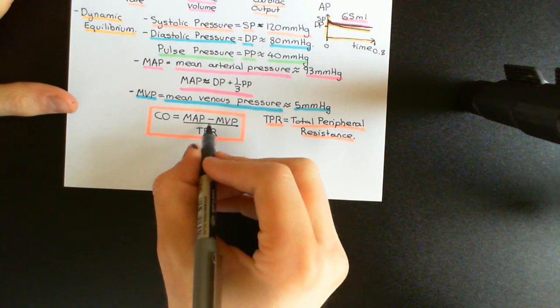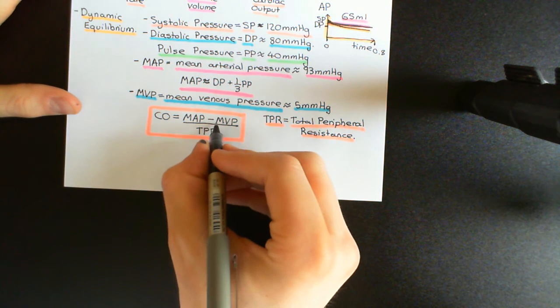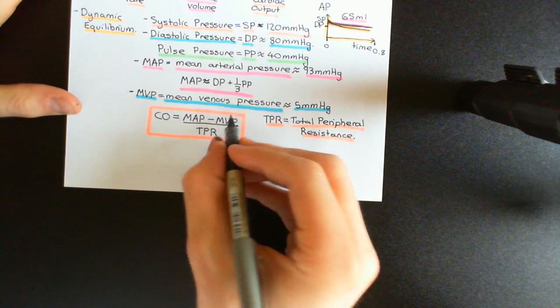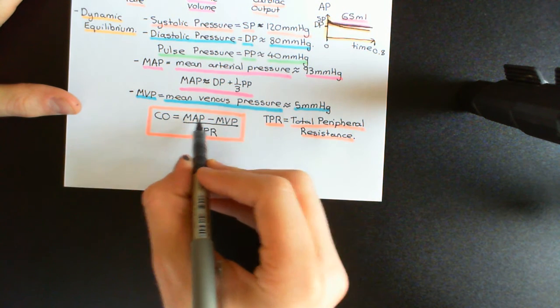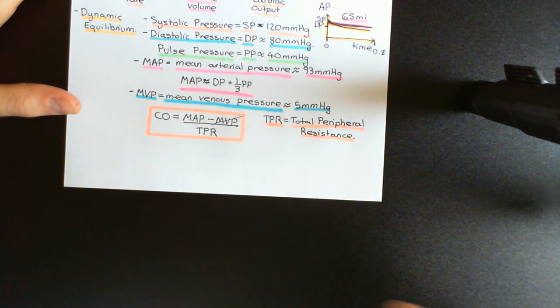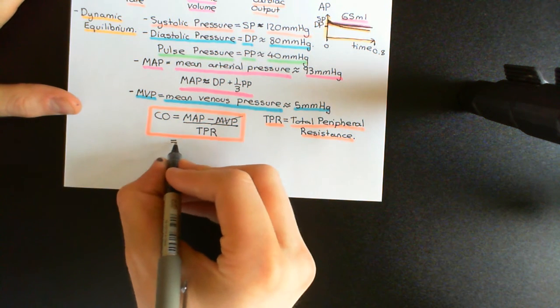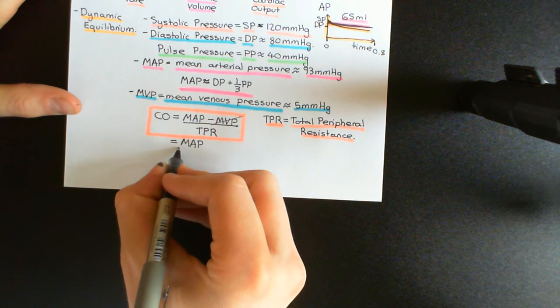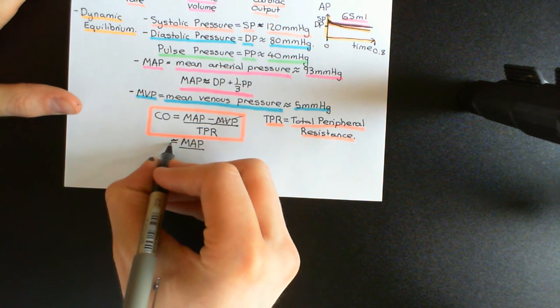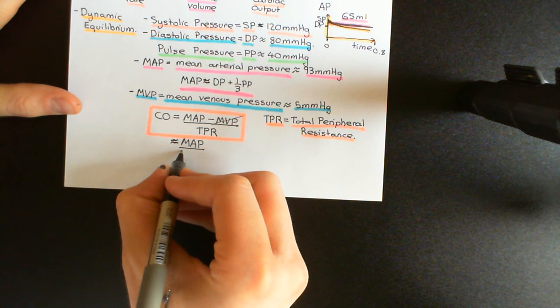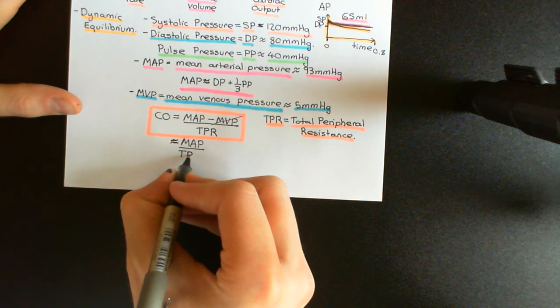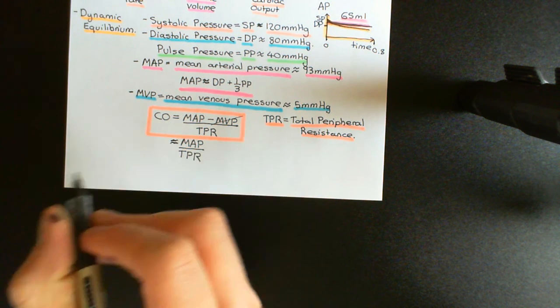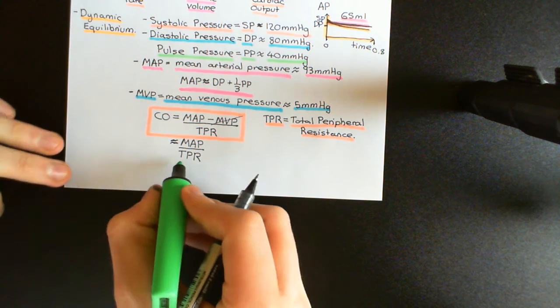Now, a simplification of this formula then is, because mean venous pressure is so low compared to mean arterial pressure, why don't we just get rid of it from that formula? And now we just end up with this much simpler formula, which is just cardiac output is approximately equal to mean arterial pressure divided by total peripheral resistance.